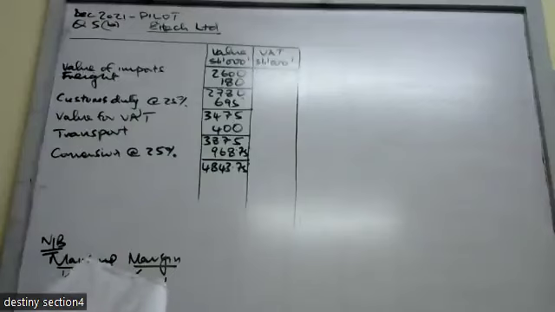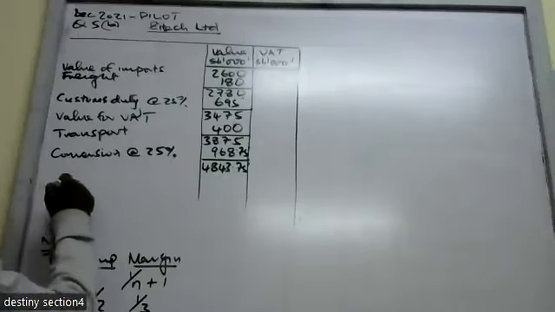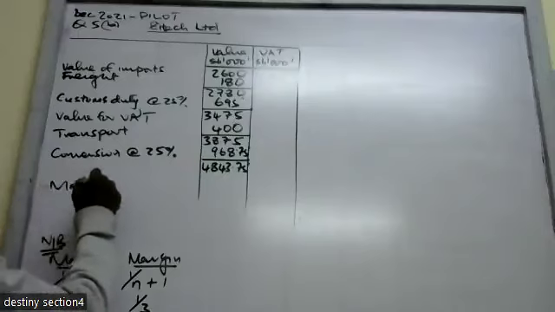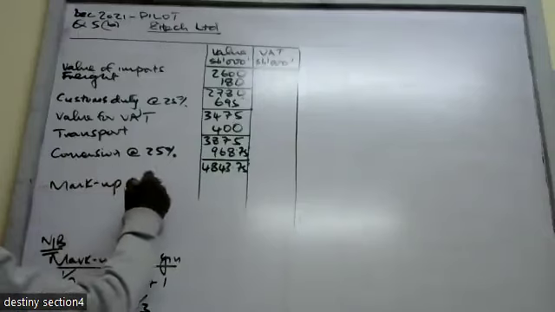But now what we have is margin. 33 and a third as a fraction is a third. So markup is 1/(3-1), which is a half. So our markup here is 50%.